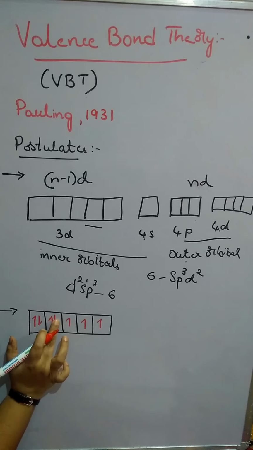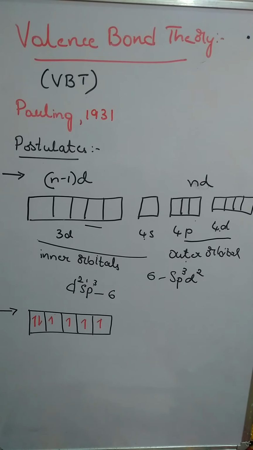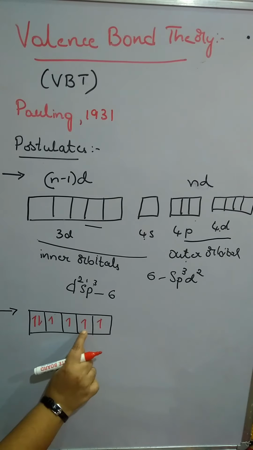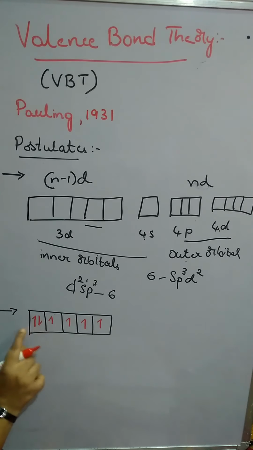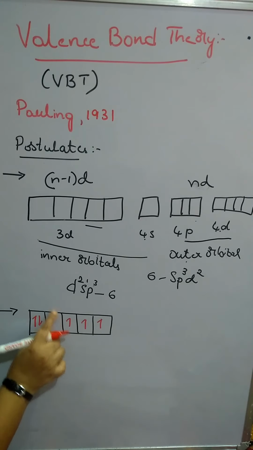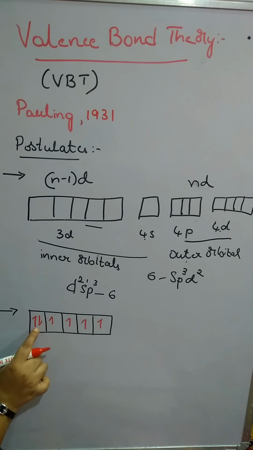Then sometimes the unpaired electrons of the orbitals may shift to another orbital. If it is paired, then there is no change. No electron can come and accommodate in this orbital, because already 2 electrons are there.